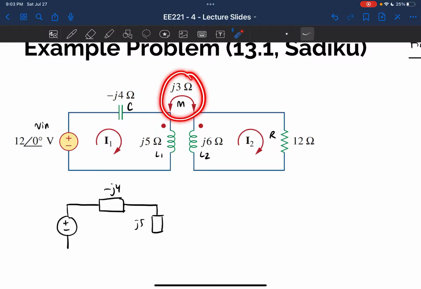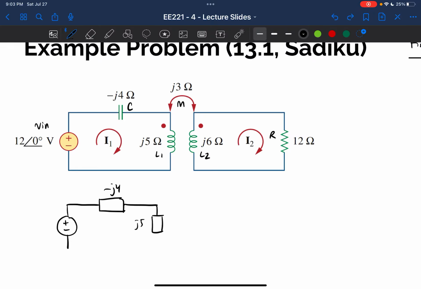And I know the mutual inductance by the value M. Here it's given already as j omega M, which is j3 ohms. And so how we account for that, again, is we use the dot convention to determine what is the voltage that's going to be induced by the dots and by the mutual inductance.